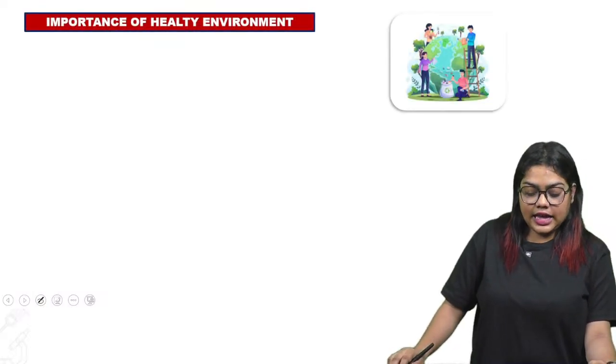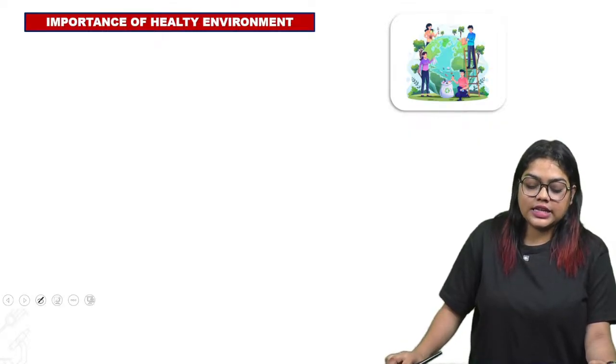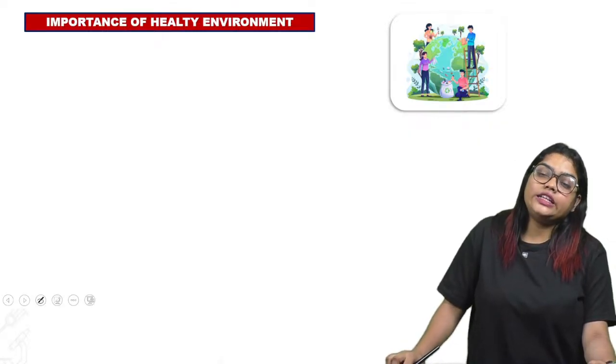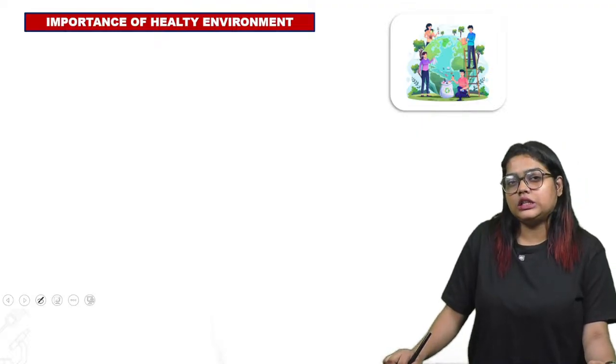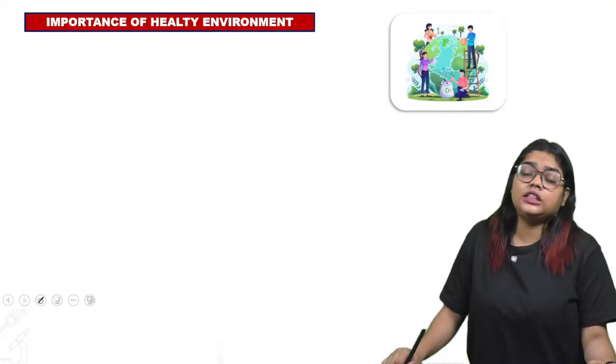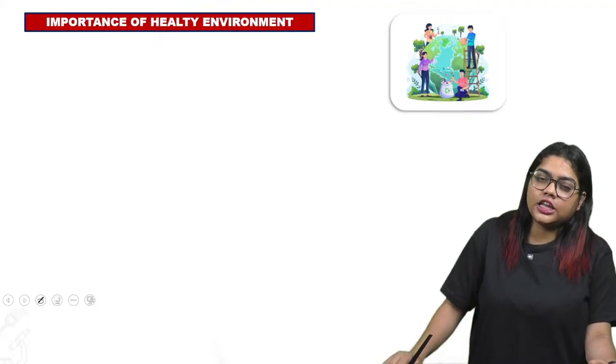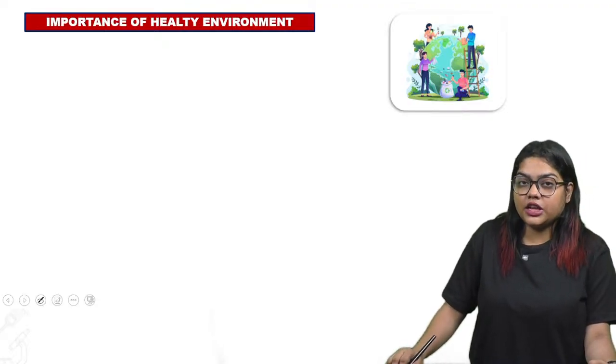Next is healthy environment. Okay, so what is a healthy environment? Why is it needed, or why should we maintain a healthy environment while giving care to a person living in a particular area?